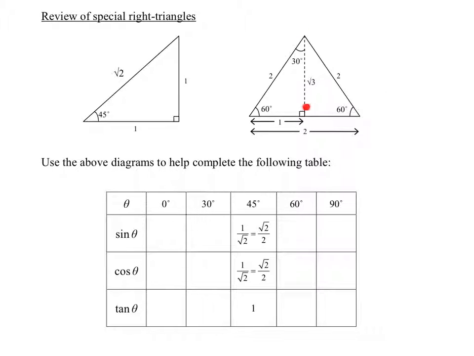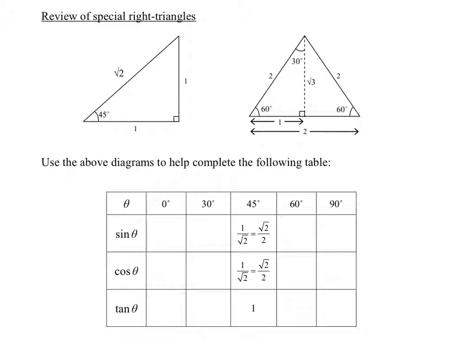We can use Pythagoras with this triangle, with the 1 and the 2, to get this side here to be square root of 3. It's just 2 squared minus 1 squared, that's going to be 3, and then to get the length of this side, take the square root of 3. Now what's interesting is that in an equilateral triangle, the angles would be 60 degrees, 60 degrees, and 60 degrees. But of course we've halved this angle here, so now it's just 30 degrees there.